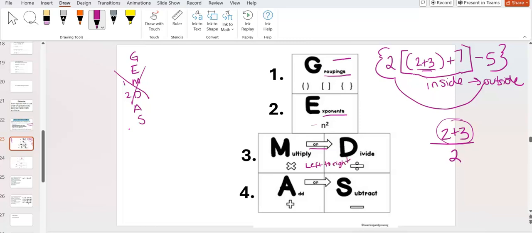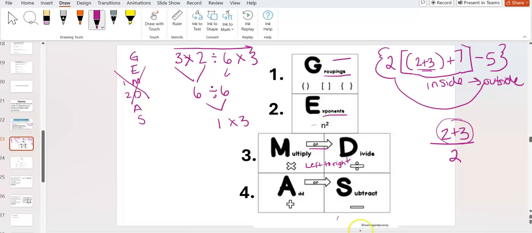So in my problem, if I have something that has multiple addition or multiplication or division problems, so let's say it was 3 times 2 divided by 6 times 3, if I don't have any grouping symbols, I'm going to go left to right. I'm going to do 3 times 2 first, then divide by 6, then times by 3. I'm going to go from the left to the right. Okay, that is the expectation. So that's why they're set up this way.